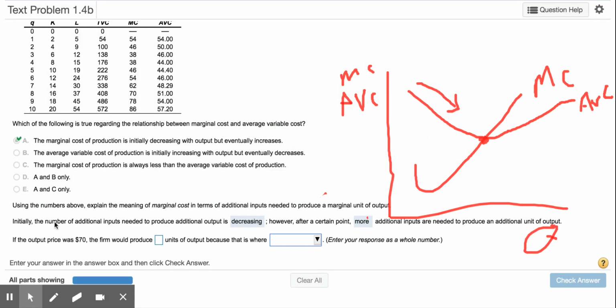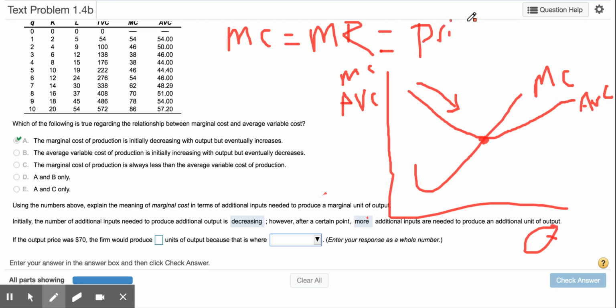The last section, I'm not sure if it's the last section, but let's see what's going on here. If the output price was 70, let's assume that the output price was 70 right here. The firm would produce, the golden rule is this: marginal cost is equal to marginal revenue. In this case, marginal revenue is equal to the price that you're receiving, that's the price per unit.